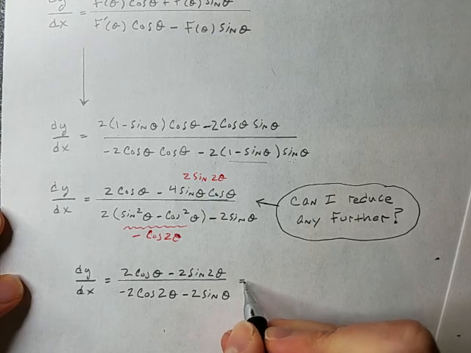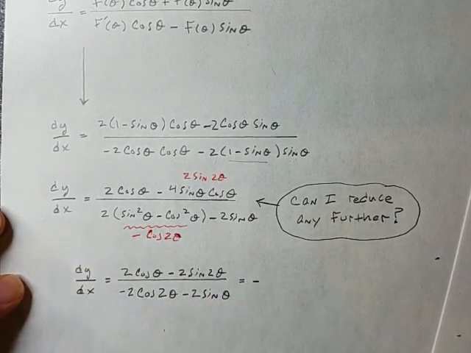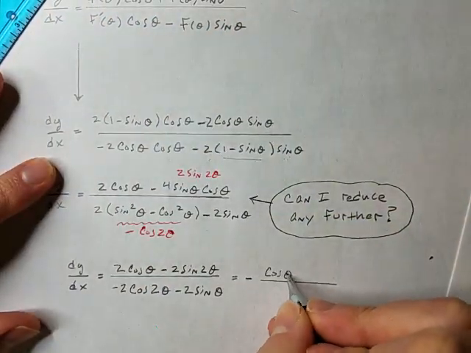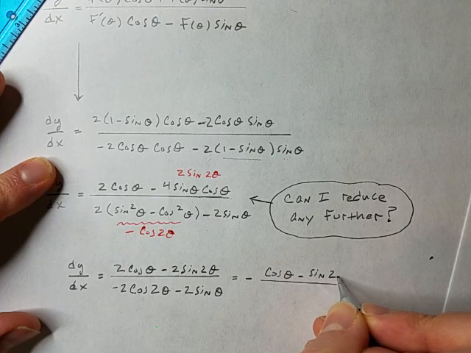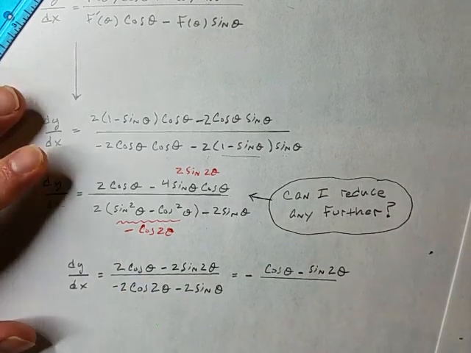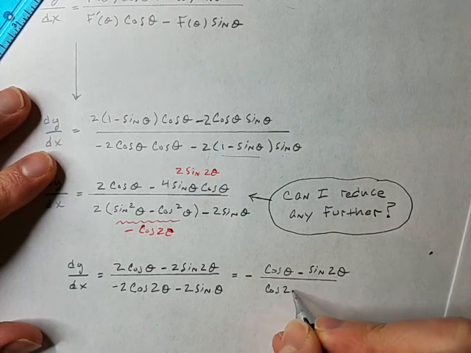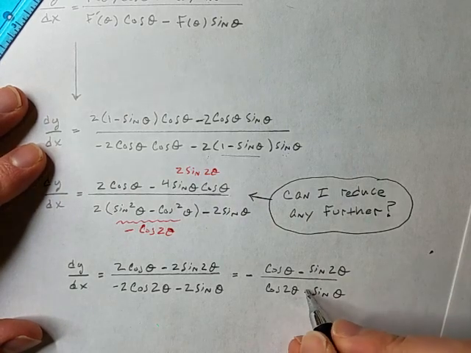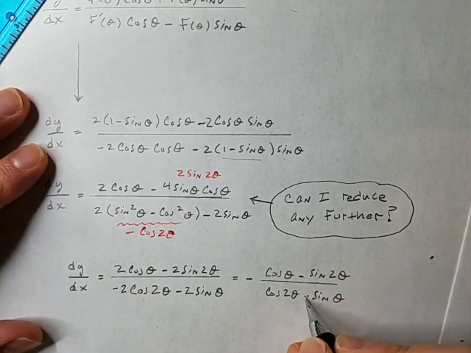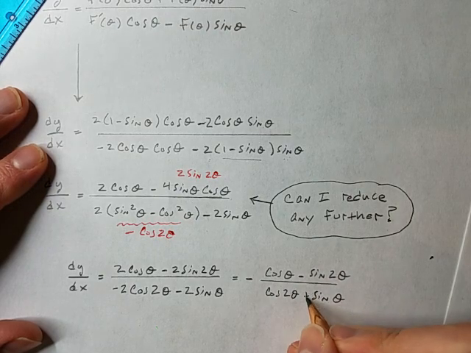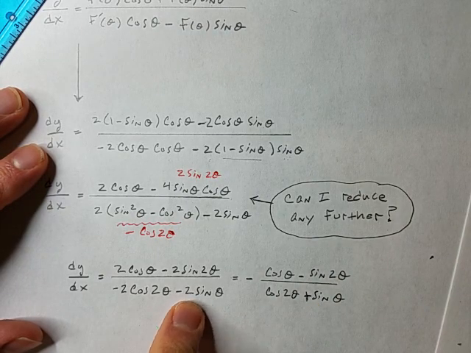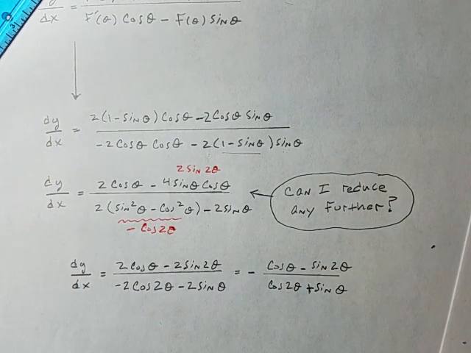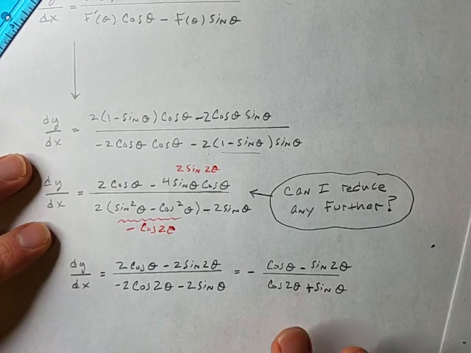If I do that, I'll reduce it to 2 over negative 2, that's negative 1, and then cosine theta minus sine 2 theta, factoring out the 2 there, and cosine 2 theta minus sine theta, factoring out negative 2 there. If I factor out negative 2 from the bottom, it's going to be plus and plus, so like that.